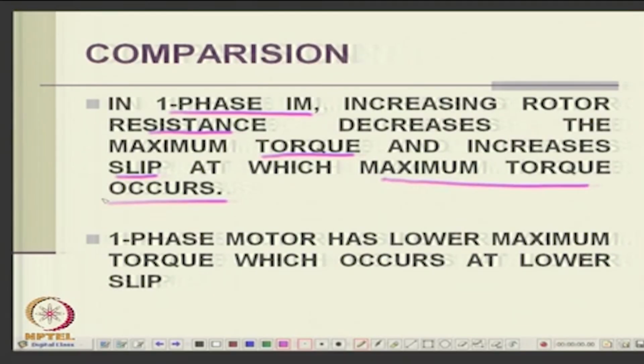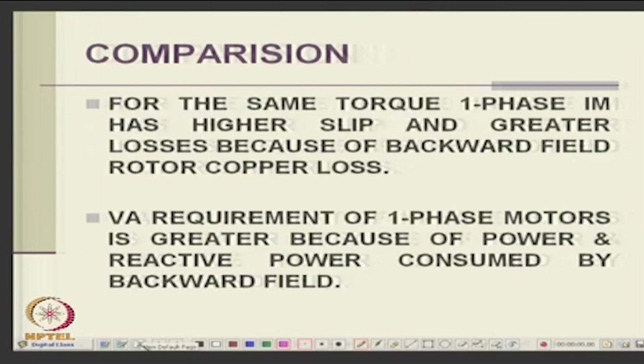And a single phase motor has lower maximum torque at lower slip. Then for the same torque, a single phase motor has higher slip and more losses because of the backward field copper loss, unlike in a 3 phase machine.